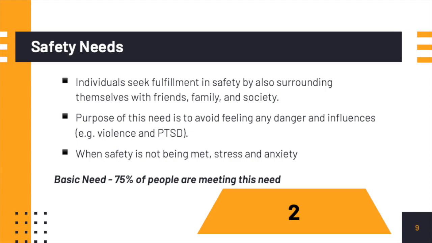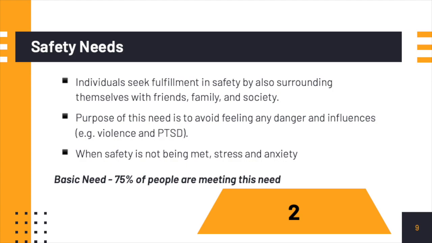To further expand, individuals seek fulfillment and safety by also surrounding themselves with friends, family, and society. The purpose of this need is to avoid feeling any danger or influences. Also, when safety is not being met, stress and anxiety happen. We see that 75% of people are meeting this need.